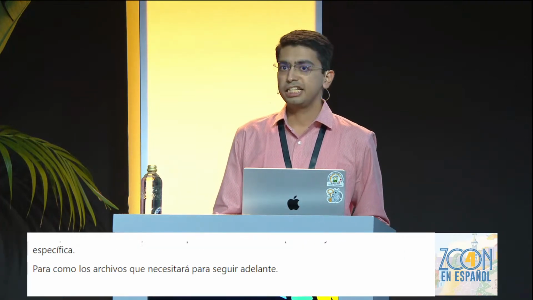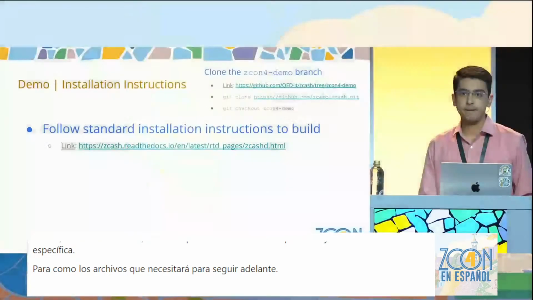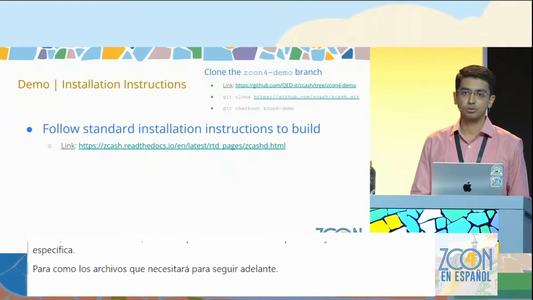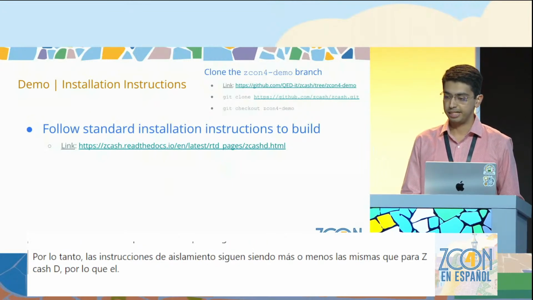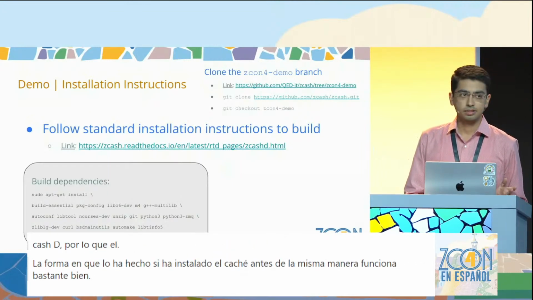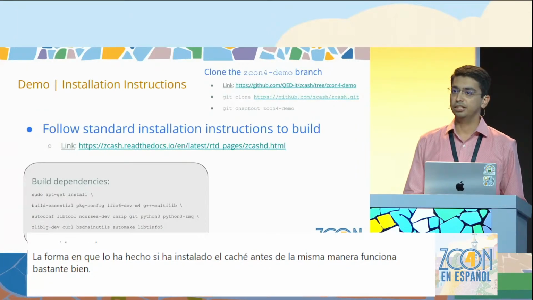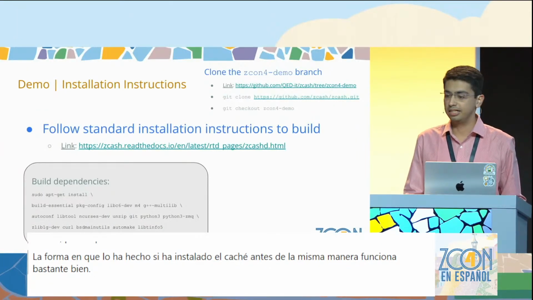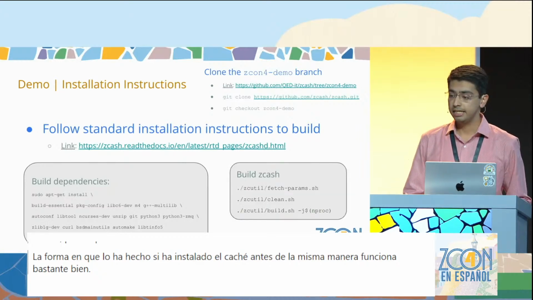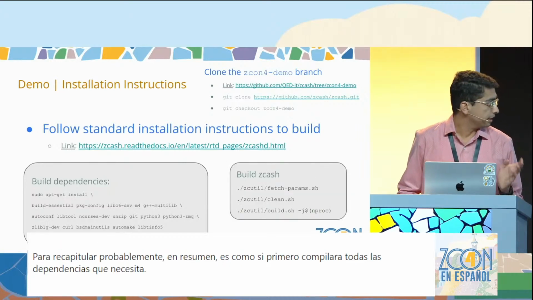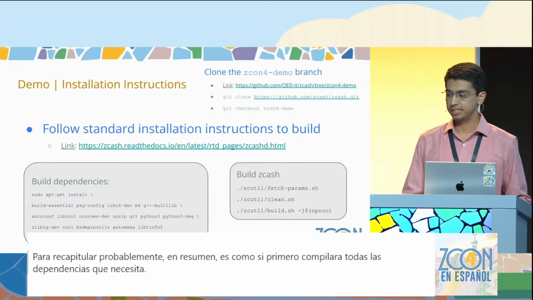The installation instructions stay more or less the same as for Zcashd. If you have installed Zcashd before, the same way works fine. To recap in brief, you first build all the dependencies that you need for Zcashd, and then you build Zcash, including fetching the parameters if you're doing it for the first time.